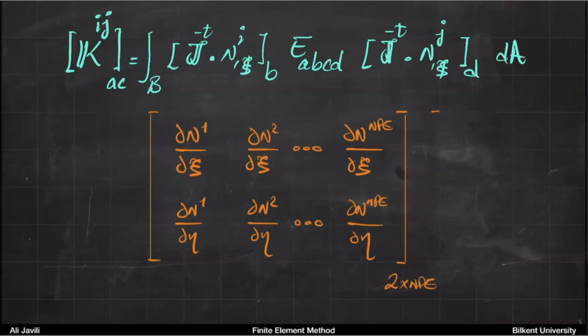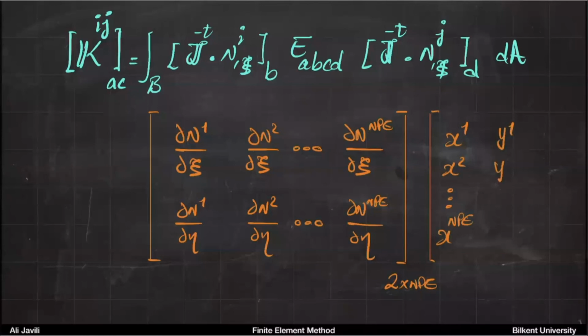And then we multiply these by a matrix which looks like that. It looks like x1, x2, x node per element, and then y1, y2, y node per element. Okay, so if you look at this, let's see what you get.